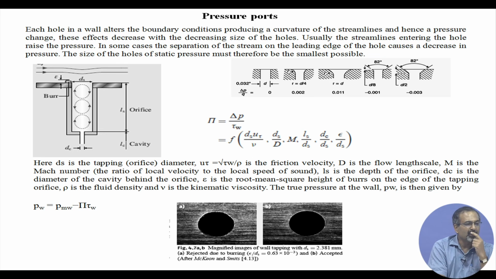So you can figure out that there are a whole lot of dependencies here. We have put it into some kind of a functional form here, where you can see that all these relevant parameters are contributing in some way to give you an assessment of what kind of pressure perturbation will be produced if you have not prepared that small pressure port properly.